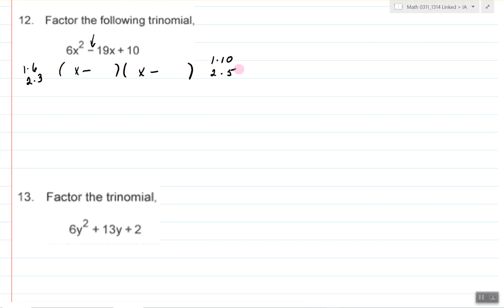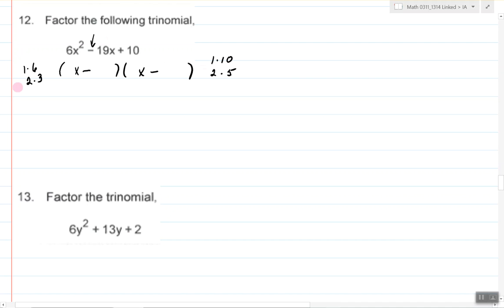I was going to say that unless this middle term is extremely large or maybe even extremely small, I tend to stay away from starting with the most spread out factors. Now, that's just, remember, it's trial and error.